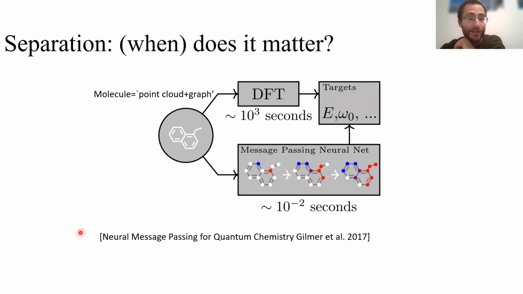What we're going to look at is an experiment where we try to see how much this impacts architectures. We have a chemistry-based task where you're given a molecule, which we can think of as a point cloud, with some graph-like information as well.